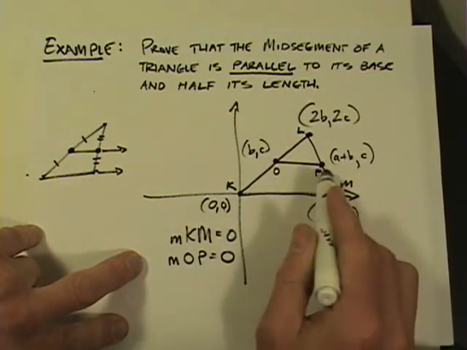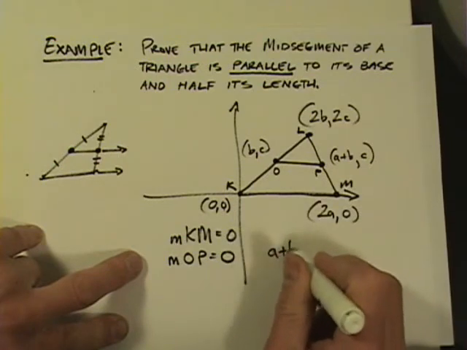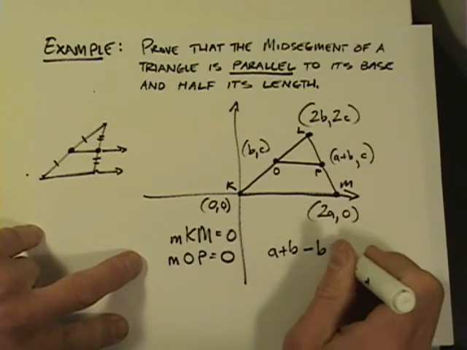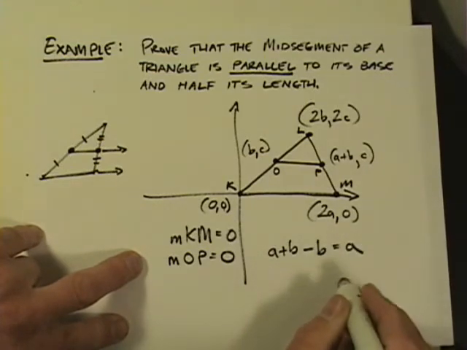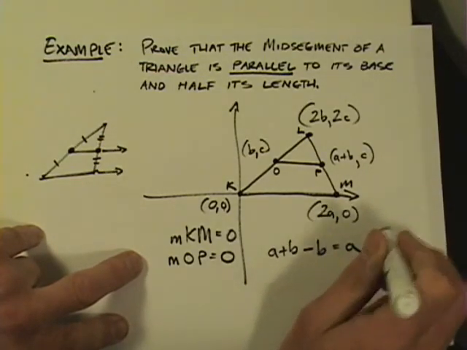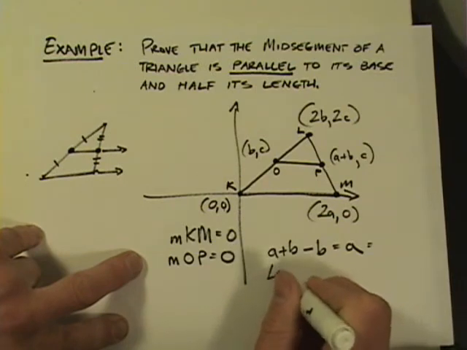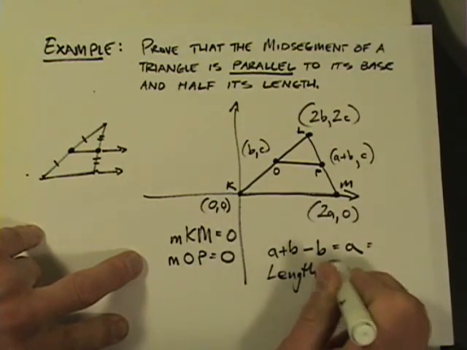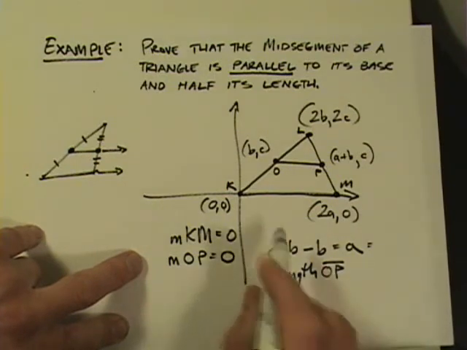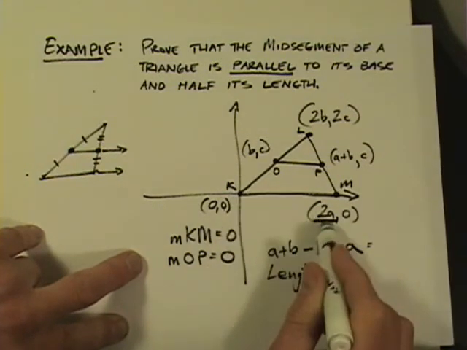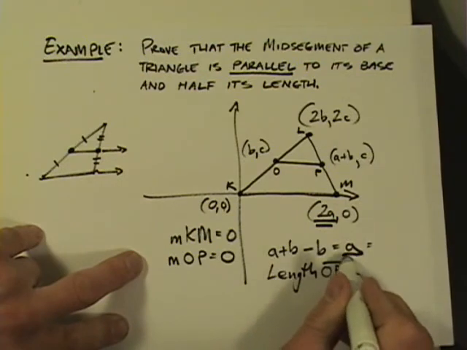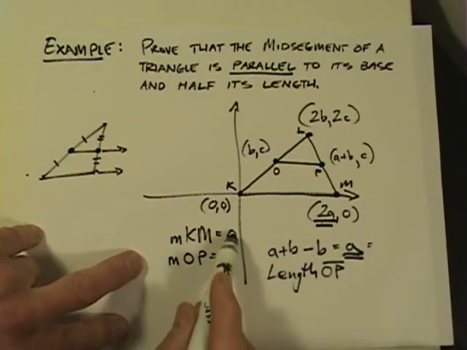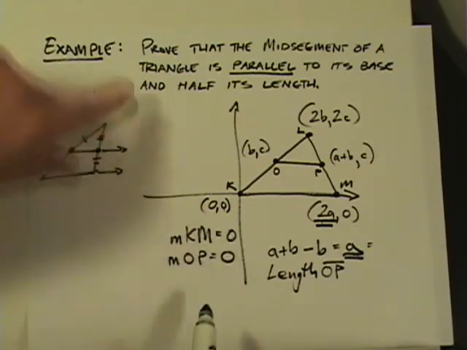So it's going to be the farther one, a plus b, then minus the first one, which is b, and that length equals a. So you could say then equals the length of OP. Okay? Whereas the length of KM is equal to 2a, and that is indeed twice a. So there's a 2-to-1 ratio for the length, and there's parallel for the segments, and we've proven it.